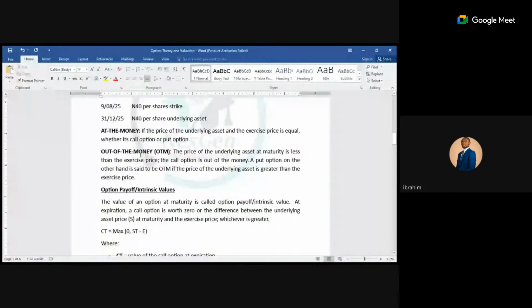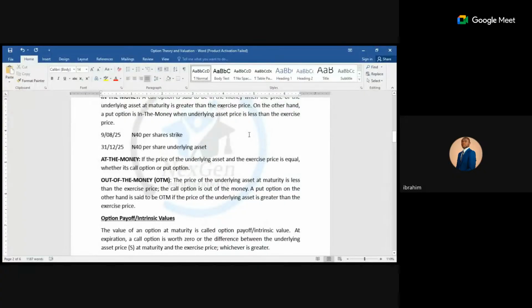Why is out of the money when you lose money, right? It is where the price of the underlying asset at maturity is less than the exercise price. The call option is out of the money when the underlying asset at maturity is less than the exercise price.